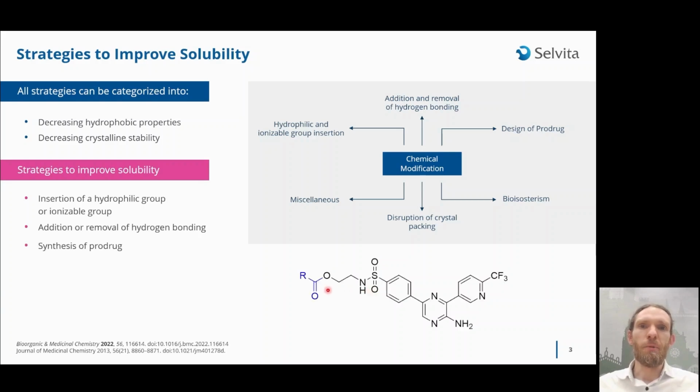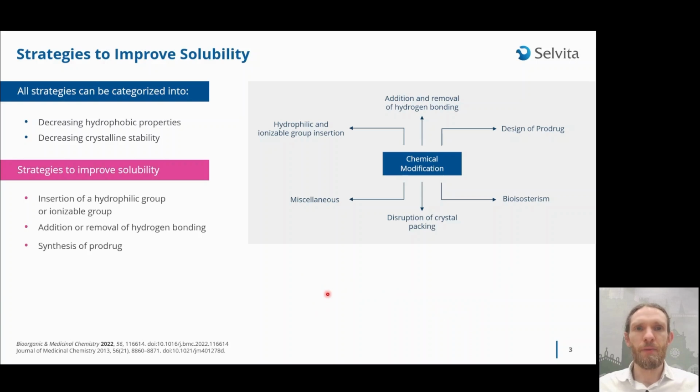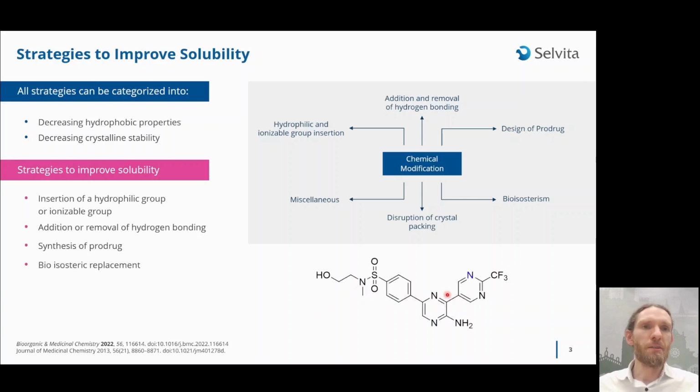Now, if we are talking about the prodrug, this can be introduced via a hydrolyzable, for example, ester bond. Now, when we are talking about bioisosteric replacement, this is based on, for instance, introduction of a heteroatom into an aromatic ring, or changing the aromatic ring, like benzene, into a 5-membered heterocycle, which is more polar.